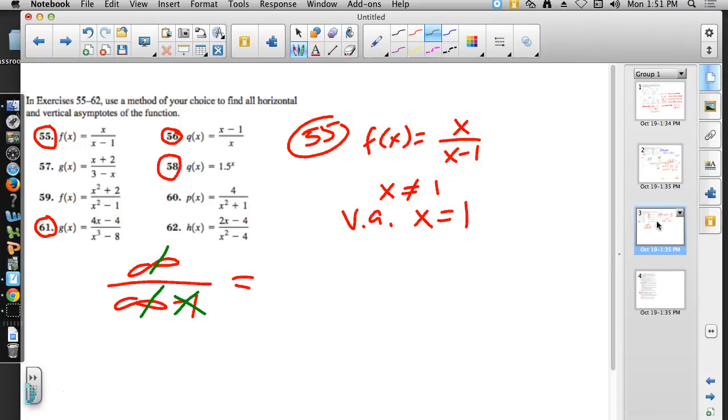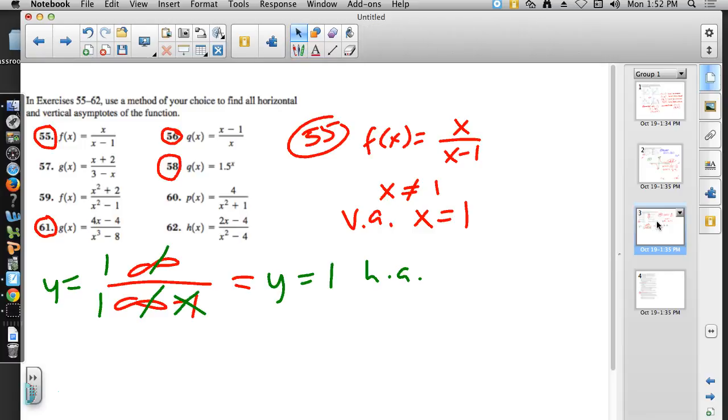Infinity will cancel out with infinity, and we will just be left with the coefficients, which would be 1 over 1, which means y equals 1 is our horizontal asymptote. And is that all they wanted? That is all they wanted. So x equals 1 for the vertical asymptote, and y equals 1 for the horizontal asymptote.